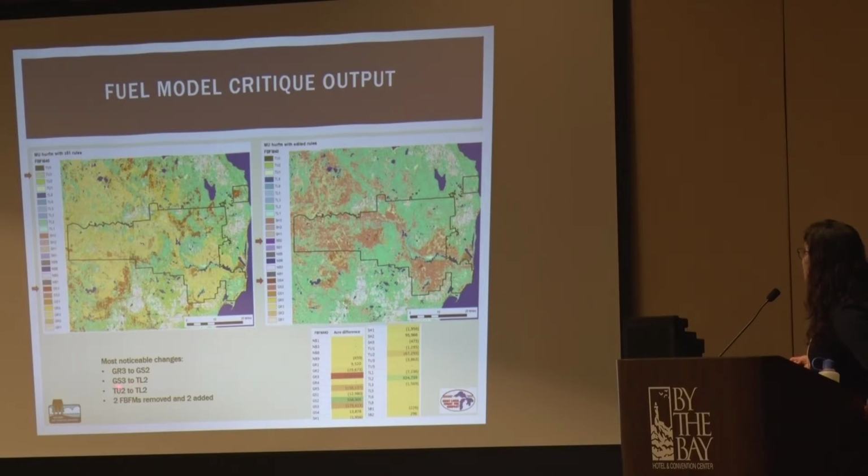There's also a change from GS3 to TL2, where this orange and this green turned more to TL2, which is this aqua. So that's why there's more aqua color all around here. Also, this legend is only showing the fuel models that are in this area, and two models completely dropped out. They don't show up in the new map, and two models showed up that were not in the previous map.